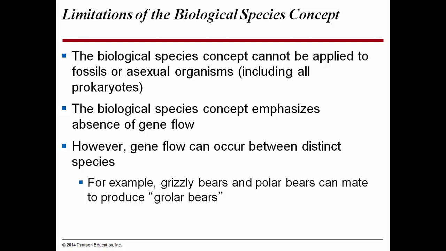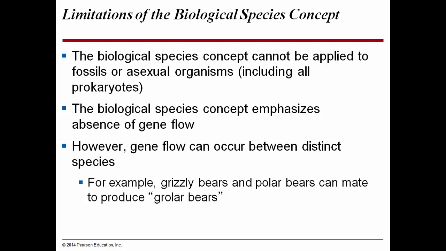The biological species concept emphasizes the absence of gene flow. So if two populations are becoming distinct species, there is no longer gene flow. However, gene flow can occur between distinct species. For example, grizzly bears and polar bears can mate and produce grolar bears.